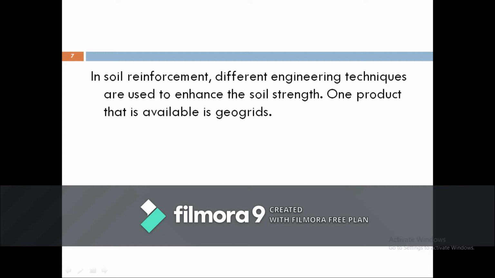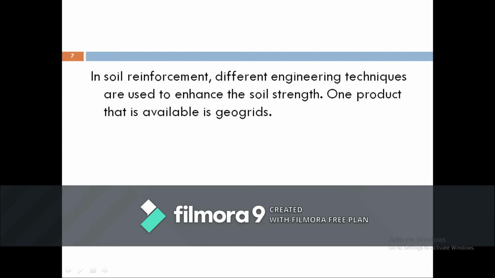For that, I start using different materials, but I see that the environmental impact is very less, the chemical effect on the soil is very less, the construction is easier, and the cost is economical. One such product available in the market which is eco-friendly and economical is geogrid.